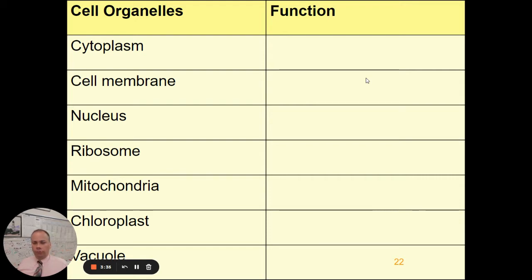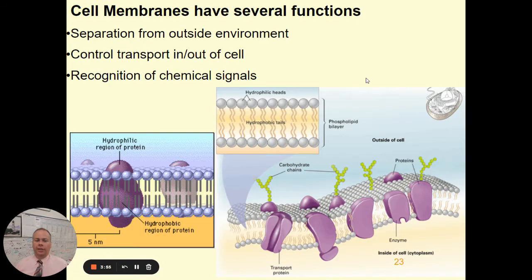Chloroplasts are organelles where photosynthesis happens. Carbon dioxide and water are taken in, and light energy is required, and it allows the chloroplast to produce glucose and oxygen, glucose being the food that producers rely upon. The vacuoles are storage areas, little bubbles within the cell that store things.